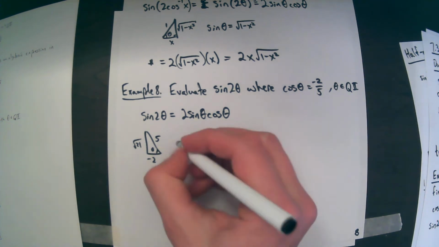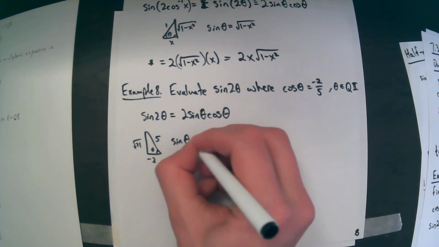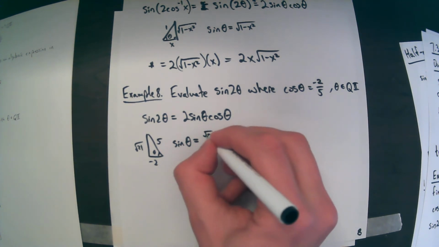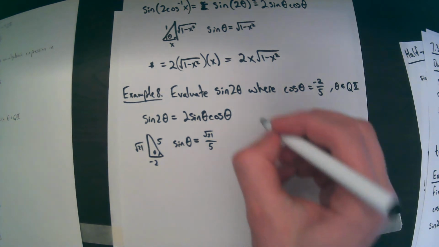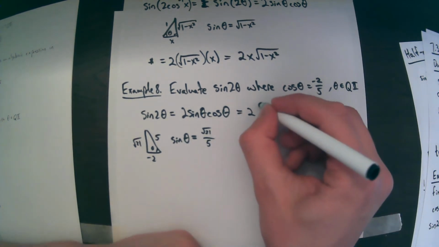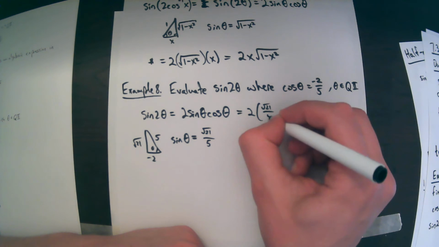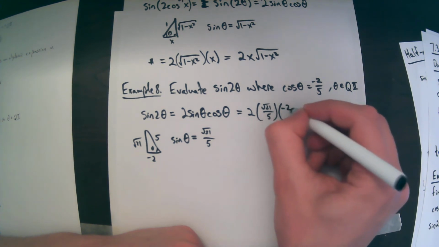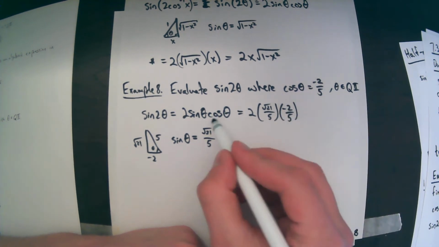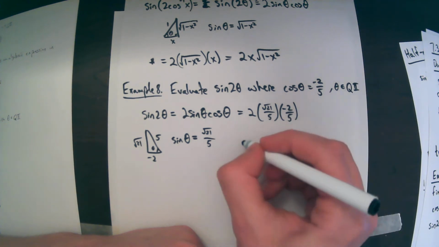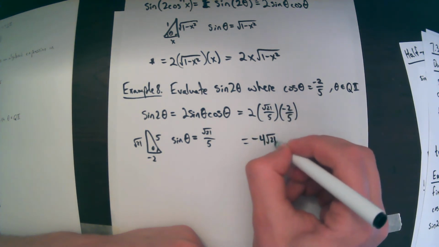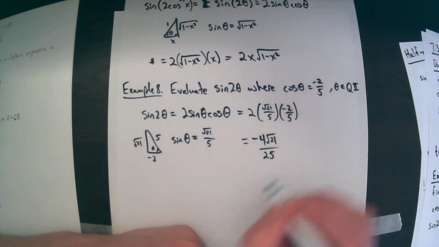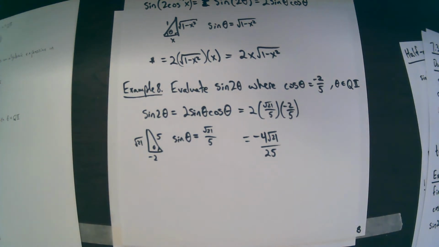So now sine of theta, which is what I needed, is opposite over hypotenuse. And then that means that this is 2 times square root of 21 over 5 times negative 2/5, because cosine theta is negative 2/5. And that's going to give me negative 4 square roots of 21 over 25. Okay.